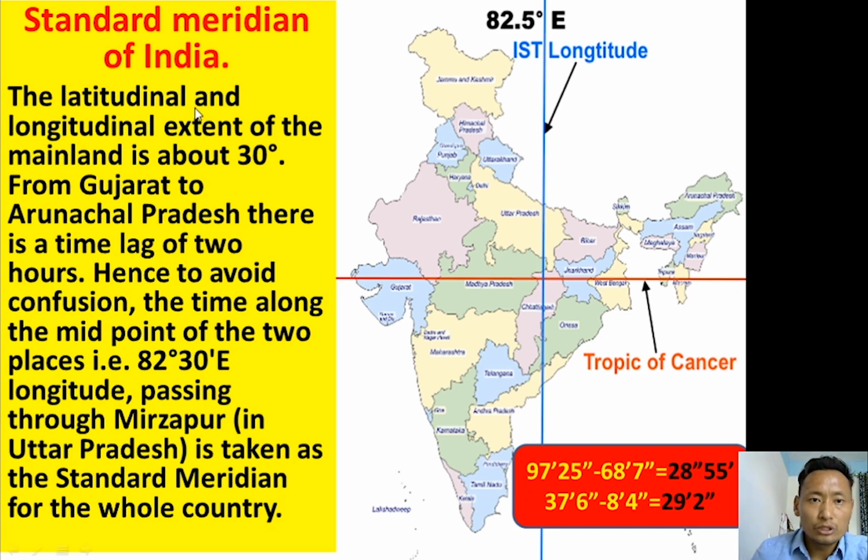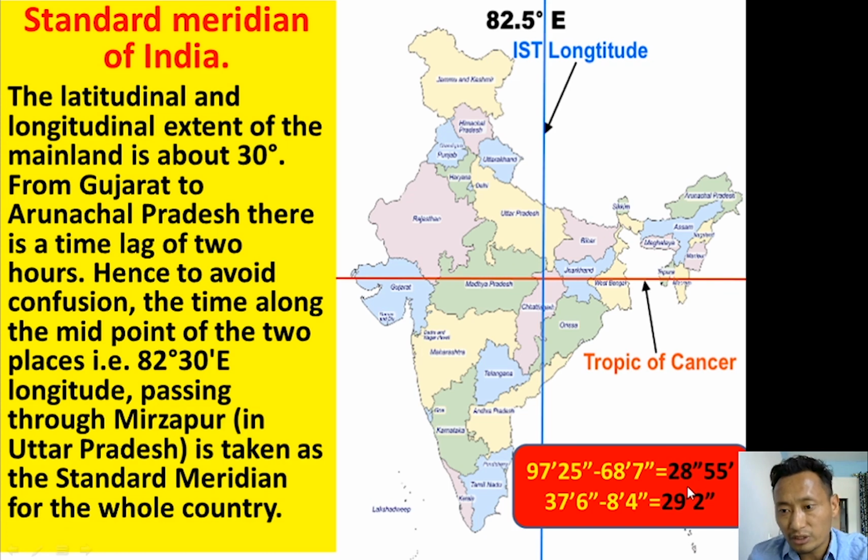The latitudinal and longitudinal extent of mainland India is about 30 degrees. The longitudinal extent of India is from Gujarat, which touches at 68 degree 7 minute east, and if we move towards the east, the easternmost point of India touches at 97 degree 25 minute east.